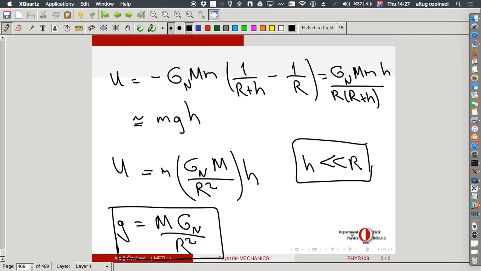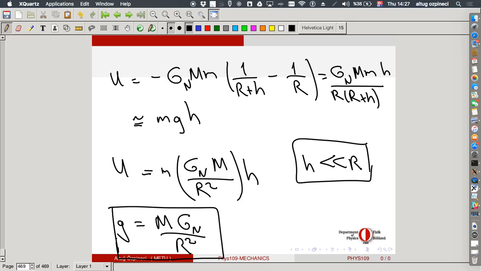We know what this g is, 9.8, almost. We know the radius of Earth, which we can measure just from the geometry of the Earth. If we can measure Newton's constant, which we can do using the Cavendish experiment, we can determine the mass of Earth. This is actually how you measure it.